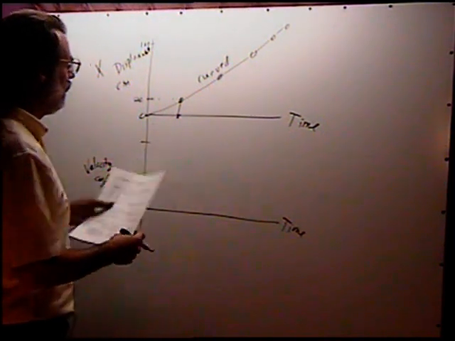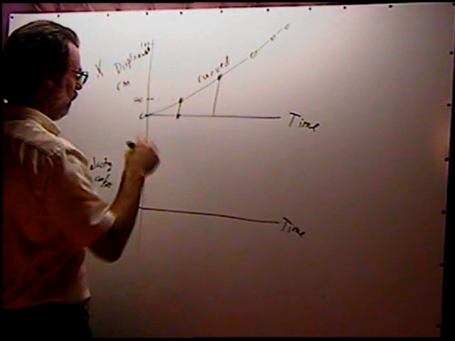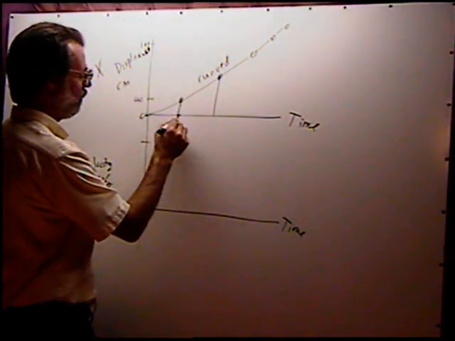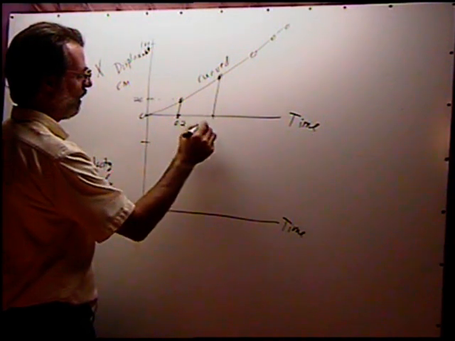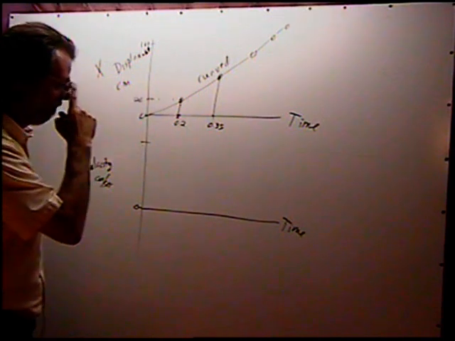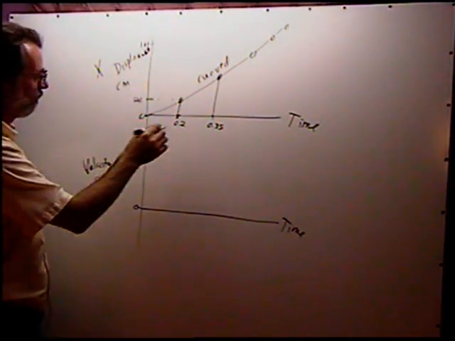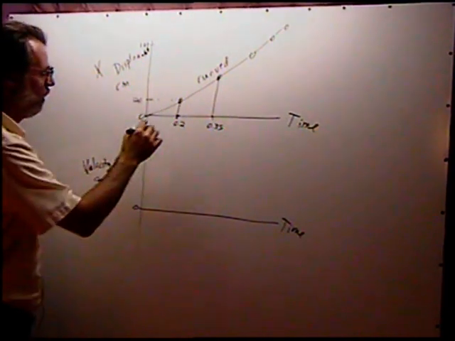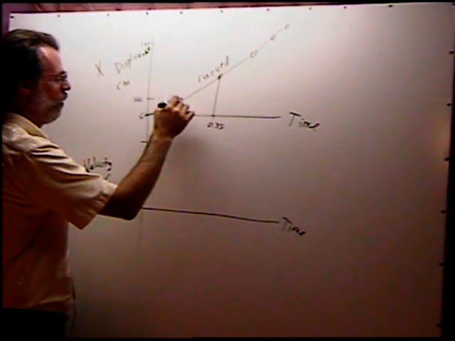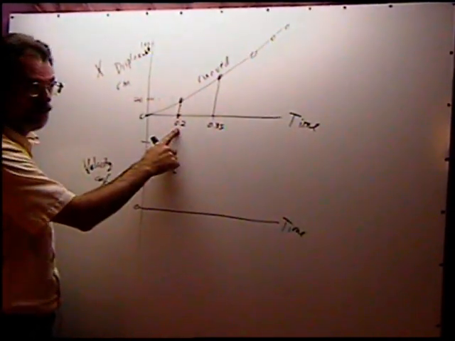Now, let's suppose this time measurement is 0.2 seconds, and let's suppose this time measurement here was 0.35 seconds. When we plot velocity, we're going to plot the average velocity from 0 to 0.2 seconds, but the average velocity doesn't happen at 0.2 seconds.